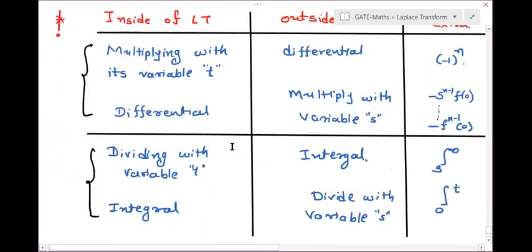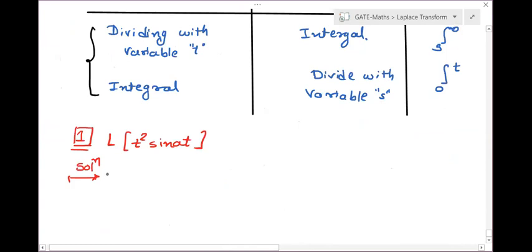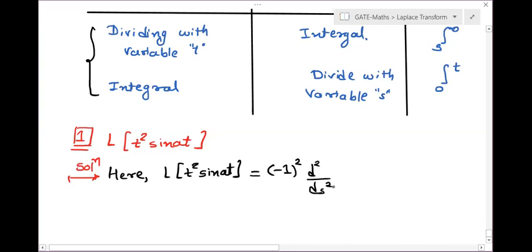Here t is multiplied 2 times. So from its property, Laplace of t square sine at will become minus 1 square d square by ds square, that is, the second differential of f of s.